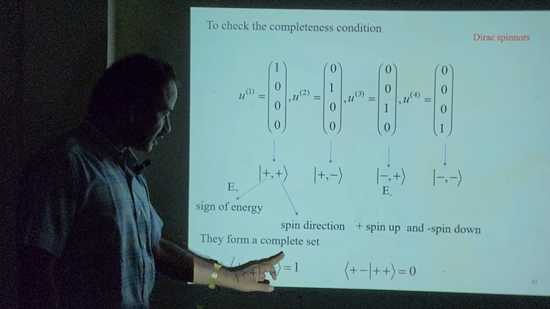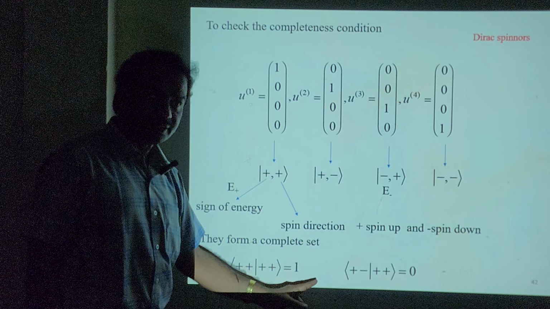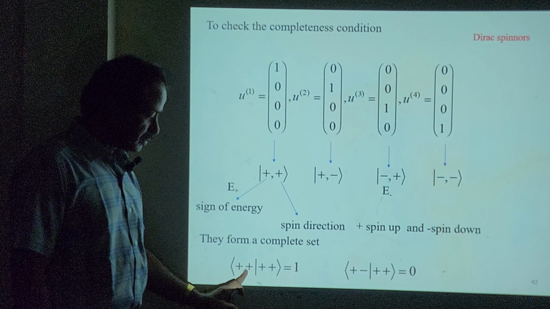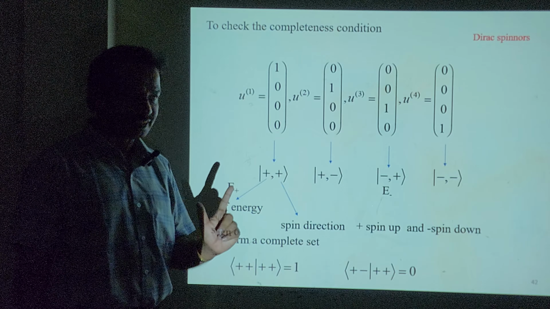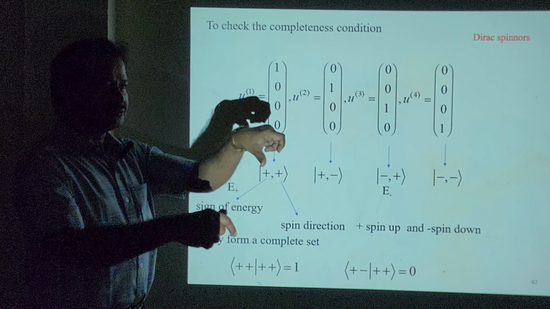Normalization goes like this: a bra vector with a ket vector will be equal to 1. Take the complex conjugate, which gives the plus plus bra vector with the ket vector, and the answer is 1. If it is opposite, the answer will be 0. If it is spin up and spin down, the answer is 0.